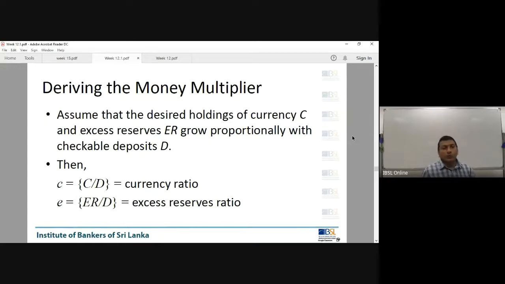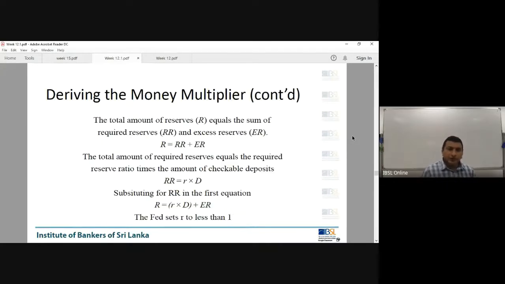Required reserves over D is the required reserve ratio, small r. So now we looked at both currency ratio and excess reserve ratio, for us to further understand what is behind the multiplier, that is small m.